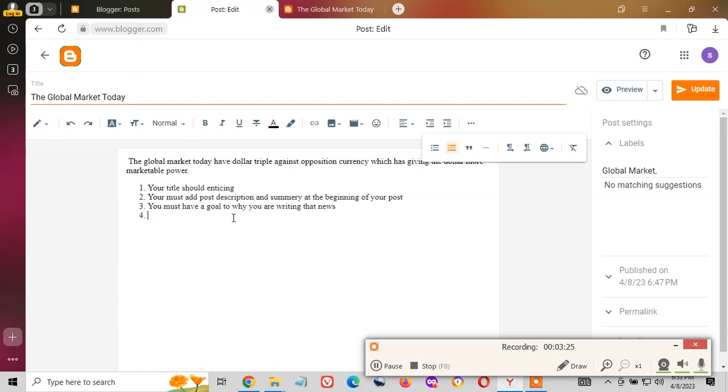And if you have a specific goal on what you want to achieve in anything you are doing, then you will narrow what you want to achieve to that perspective. You narrow it down. What do I mean? Let's say I want to tell people about global markets. Let's say the global markets today in New York, USA.